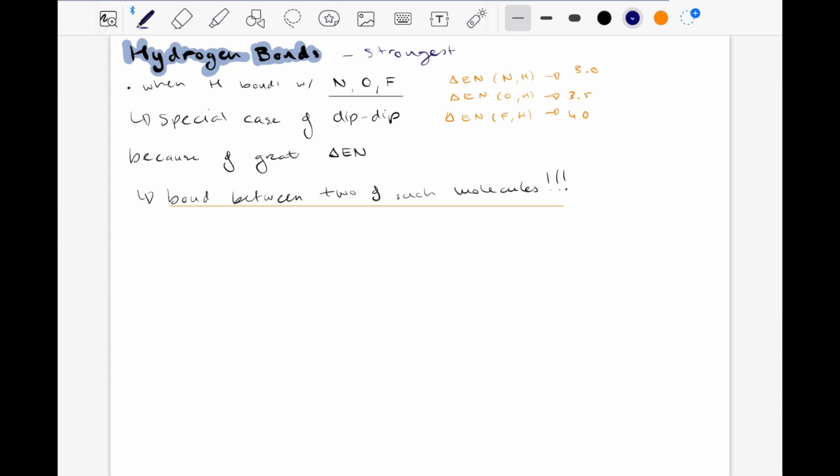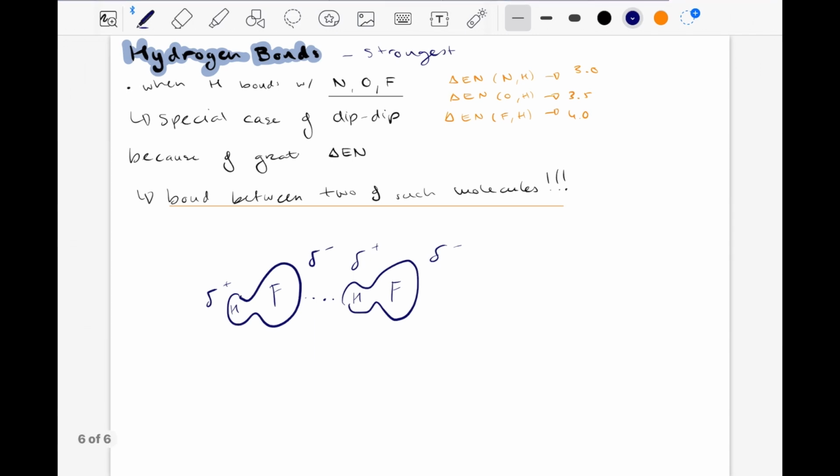Let's say you have hydrogen fluoride, and let's say you have hydrogen fluoride again. The hydrogen bond is the bond between the two molecules that have hydrogen and fluorine. It's not a bond within the molecule. Remember, intermolecular forces are bonds between molecules. This is going to be the hydrogen bond.